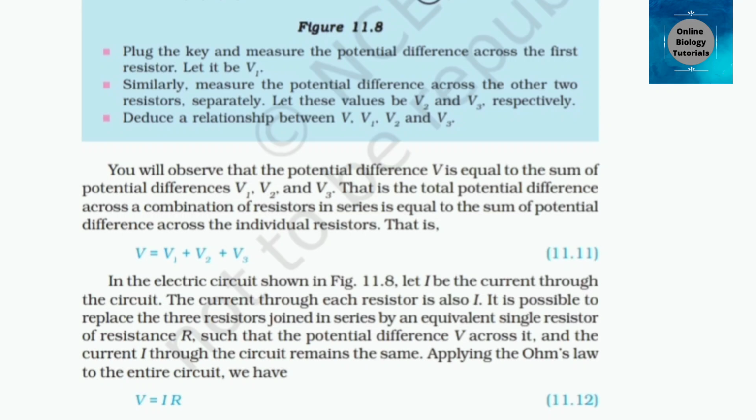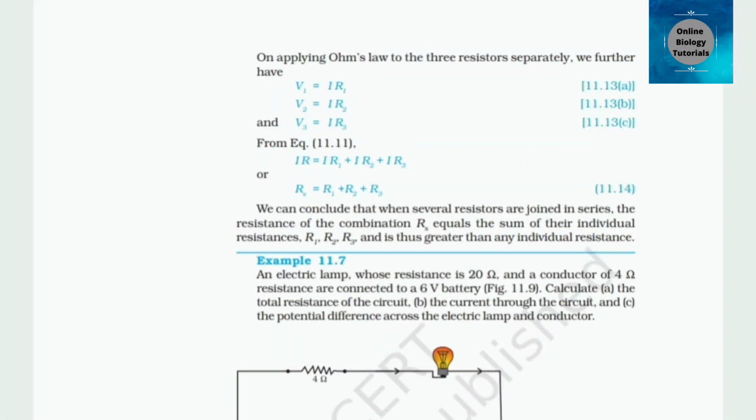Applying Ohm's law to the entire circuit, we have V equals IR. On applying Ohm's law to the three resistors separately, we further have V1 equals IR1, V2 equals IR2, and V3 equals IR3. So IR equals IR1 plus IR2 plus IR3, or Rs equals R1 plus R2 plus R3.